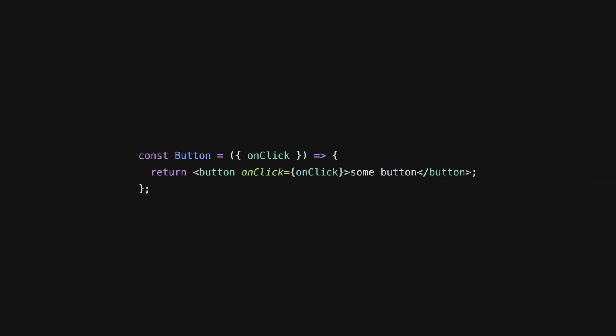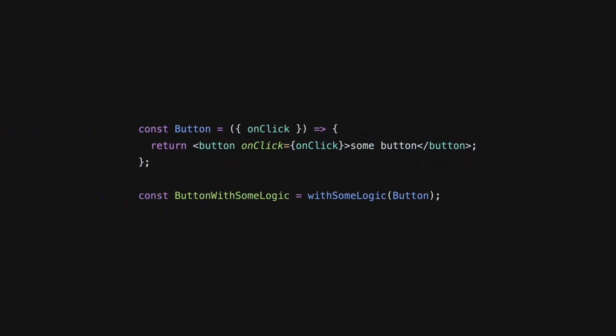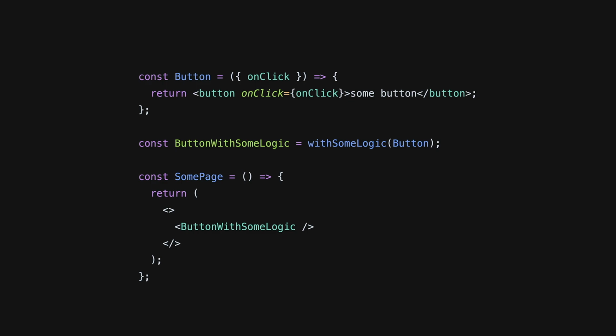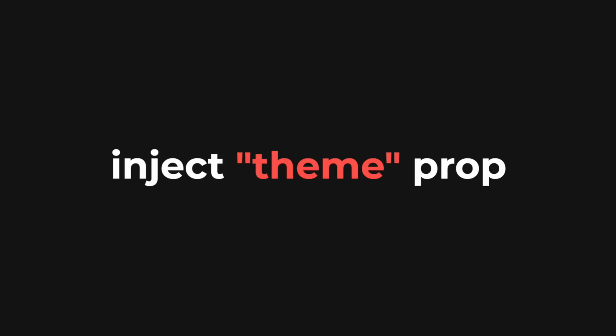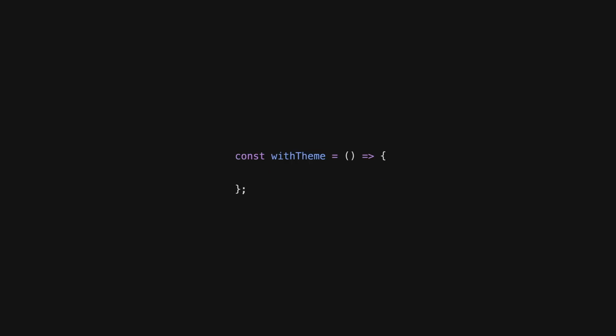When we want to use it, we would just wrap a component in this function and then render it as usual. The simplest use case for this is to inject additional props into components. For example, if we pretend that context doesn't exist, we can implement a higher-order component that injects a theme prop into other components. We would have a function that will accept any component.